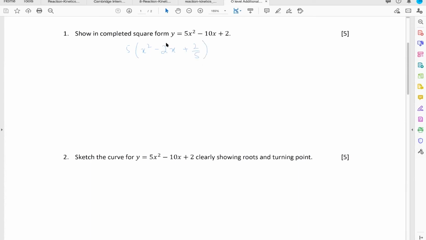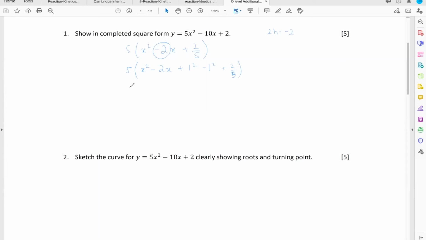Side note, this value minus 2 is equal to 2 times h. What's the next step? So you have to add and subtract 2 over 2, so 1 squared minus 1 squared plus 2 by 5, right?